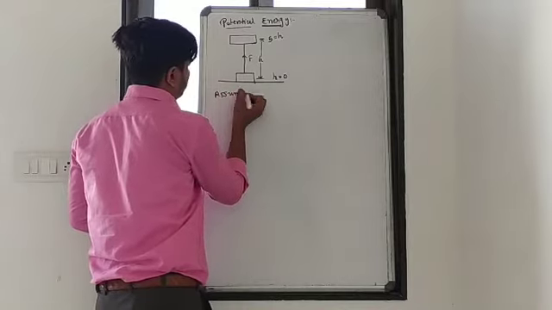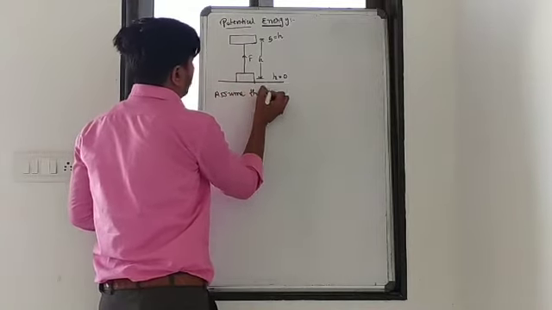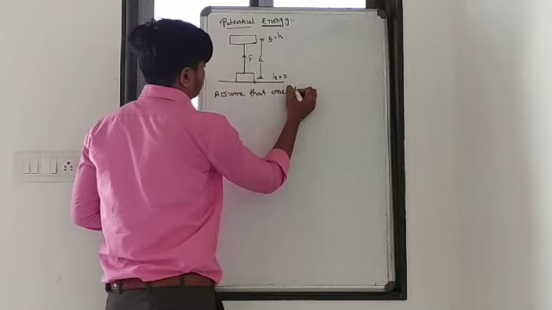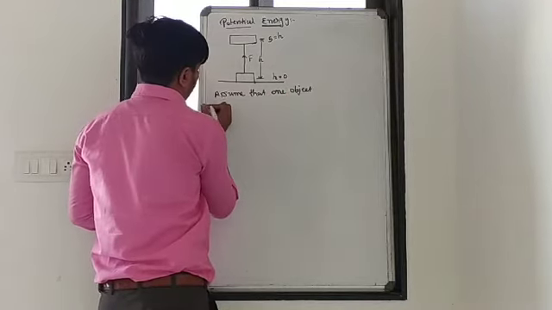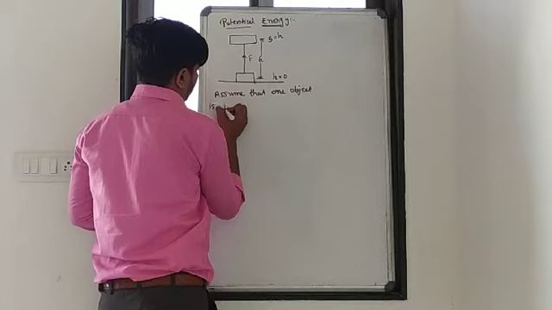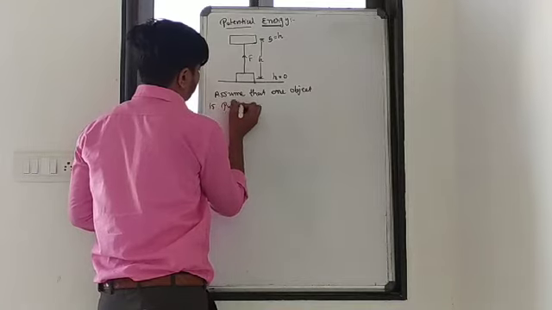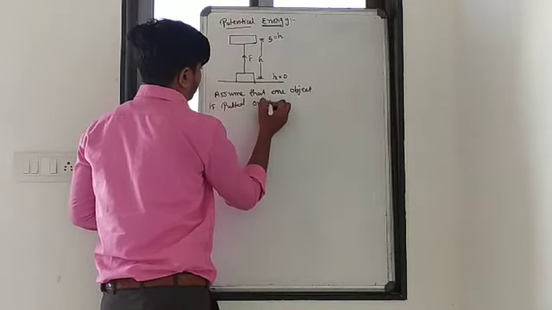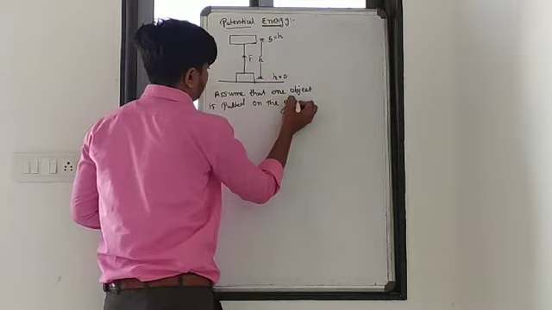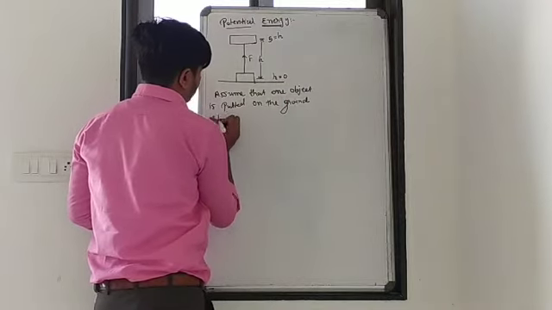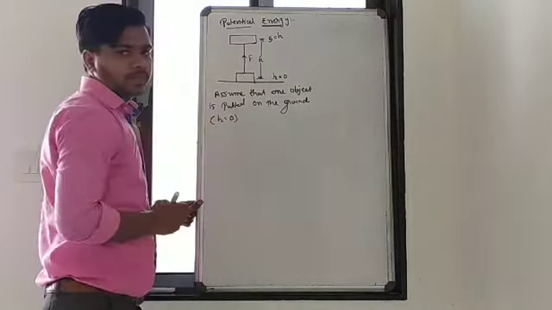Assume that one object is put on the ground. So the height h is equal to 0.